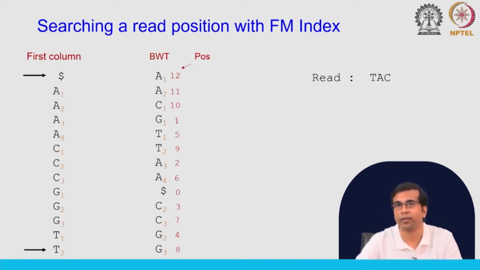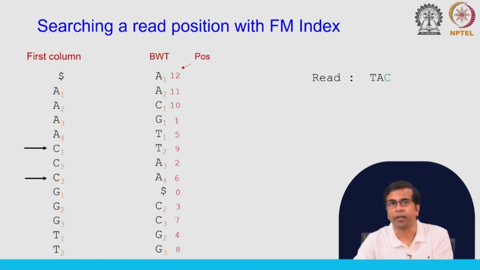As I have mentioned, we start with C here. In the initial state, these 2 arrows are the pointers. They point to the first row and the last row, so they take the full data, all the rows. The purpose of the next step is to narrow down.